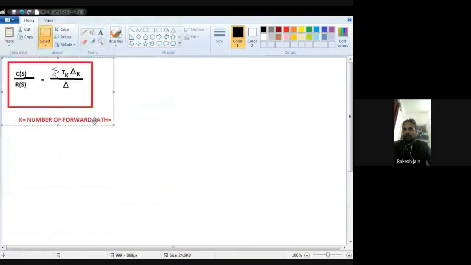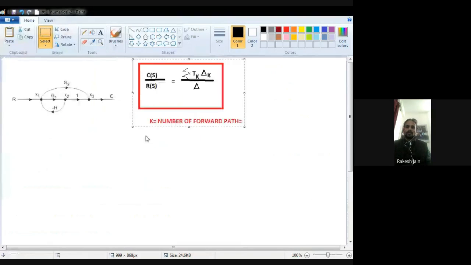Okay, so the first step: you should know the basic formula to find the transfer function of any signal flow graph using Mason's gain formula. And what is my formula? CS upon RS is equal to T1 del 1 plus up to Tk del k, upon del, where the value of k denotes the number of forward paths, and on the basis of that number of forward paths we will convert the formula.